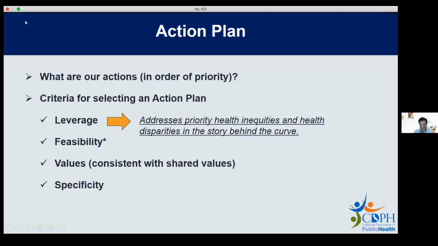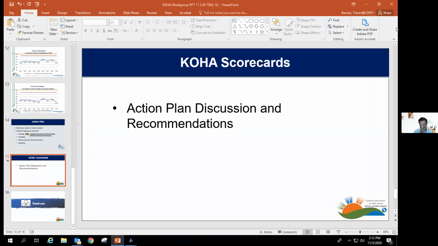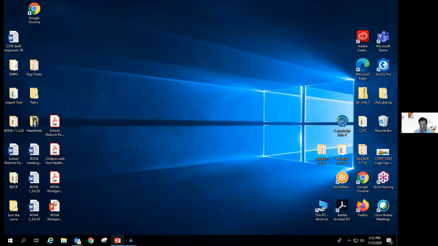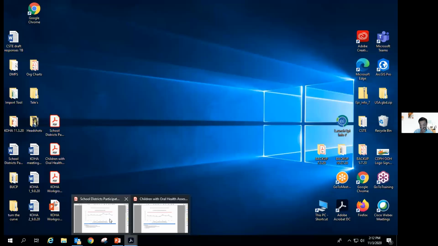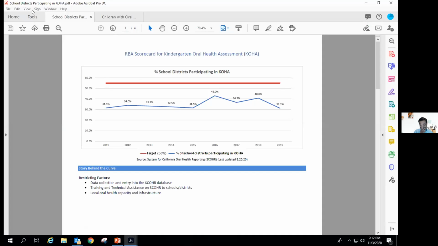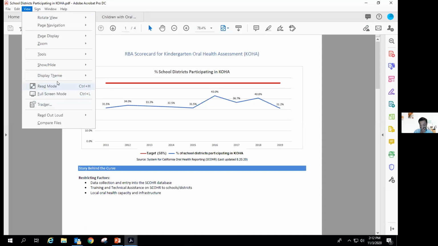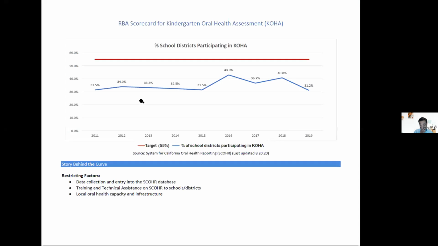And so I'm actually going to go out of the presentation real quick and pull up the scorecards. We can look at school districts participating in KOHA first. And this is really what I like about RBA framework and using the Clear Impact tool, is that it creates a learning environment.